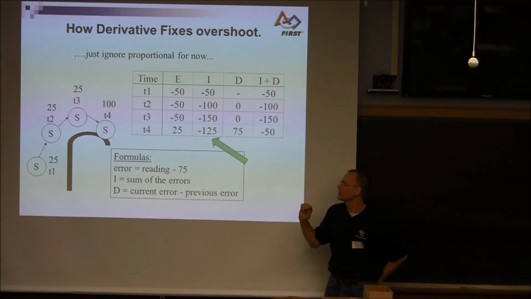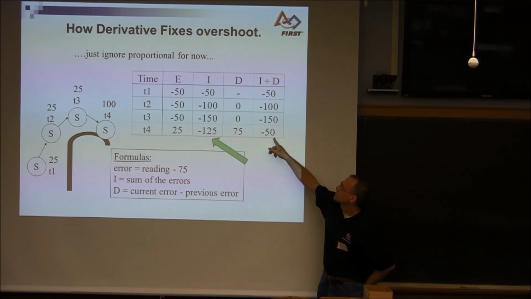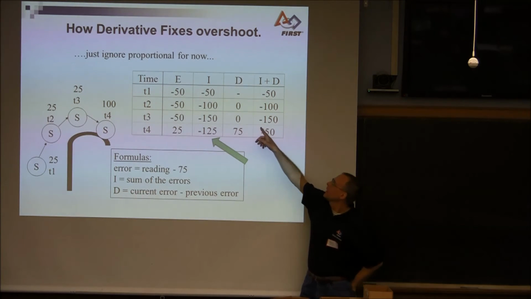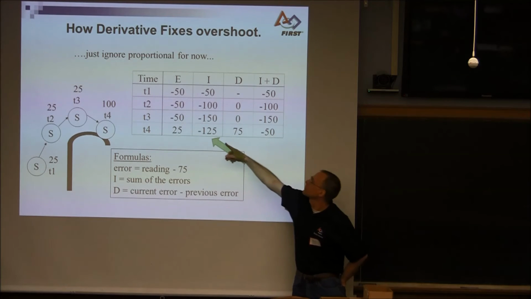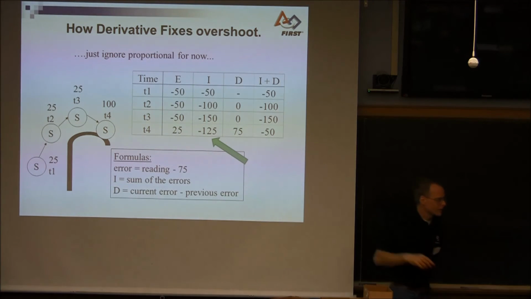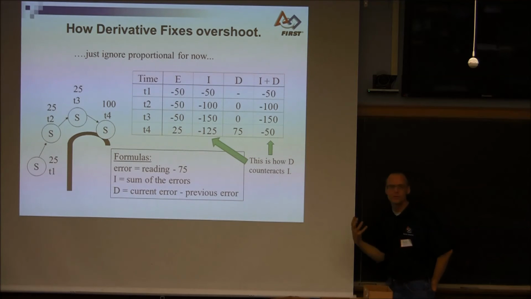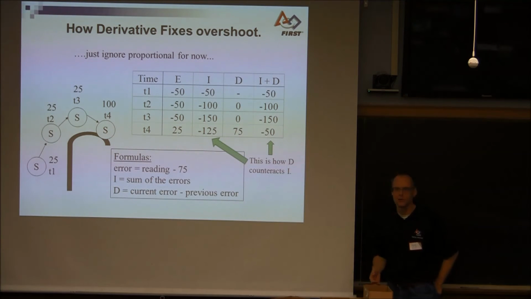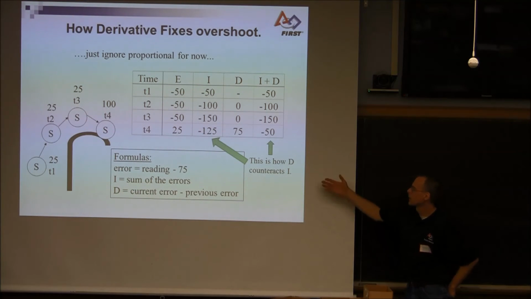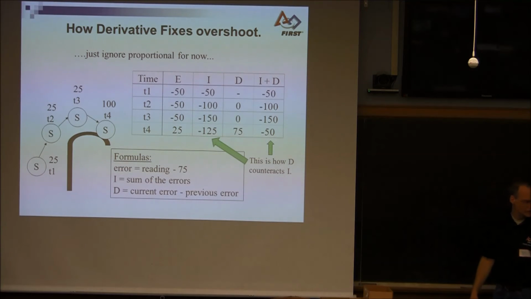The signs take care of themselves. And as a result, it really tones it down. So if I add I and D together, instead of minus 125, I've got minus 50. So what the derivative does, D for derivative, D for dampener, is it dampens the overshoot potential of the integral. So this is how D counteracts it.